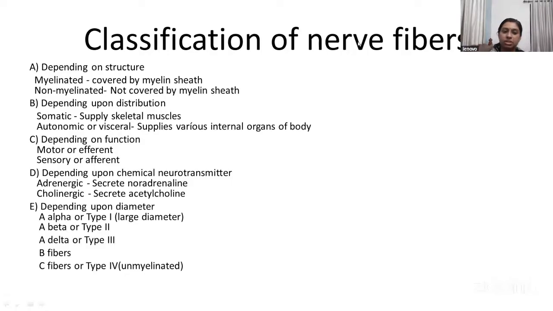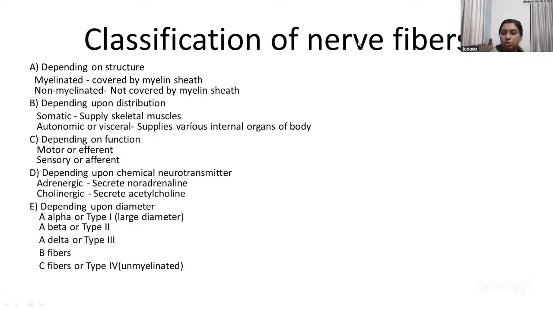And the third type is depending on the function of the nerve fibers. They can be motor or efferent, supplying the muscles mainly, and sensory or afferent fibers. And again, depending on the neurotransmitter they release for signal transmission, we can divide into adrenergic, cholinergic, dopaminergic, according to the neurotransmitter that is present.